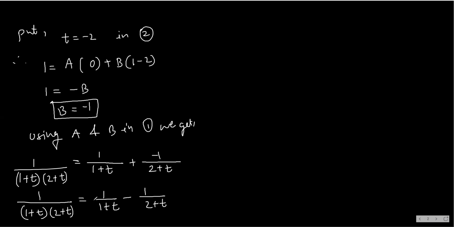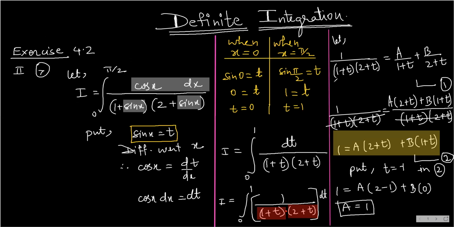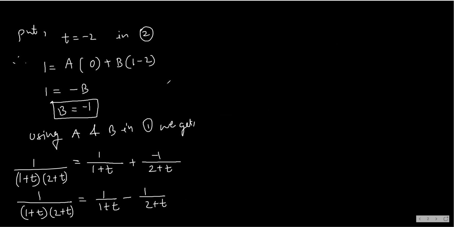Now what you will do is, as you had to integrate this, look at your integral. It was this to be integrated. You check this. It was 0 to 1, this dt. Now this one you are writing as a difference of two fractions. So what will it now become?